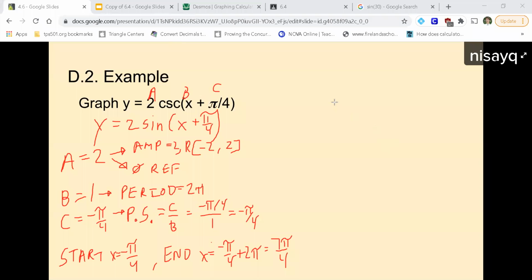So if we graph that, halfway between these two, if you add them together and divide by 2, would be 3 pi over 4.